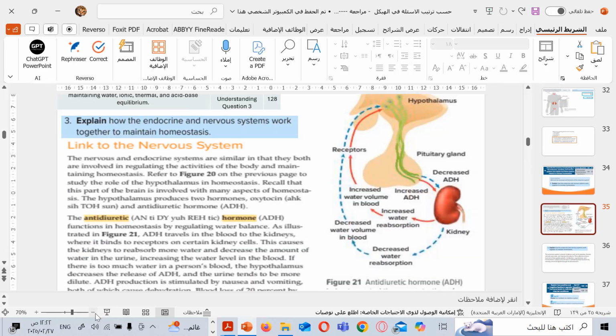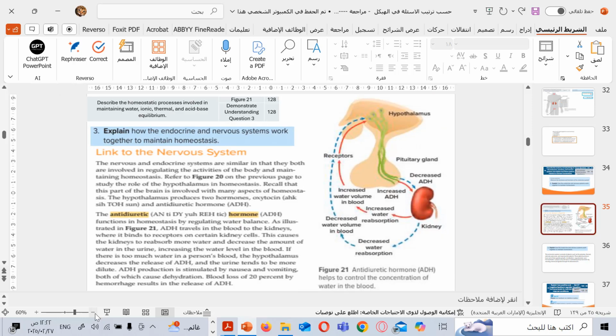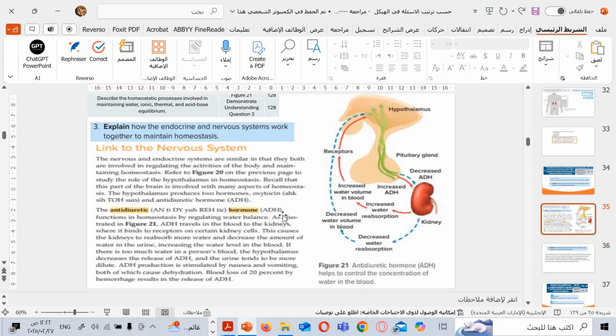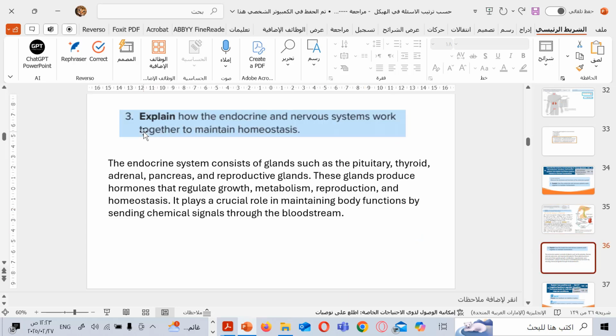Okay, let me make it smaller. Yes, here this is explaining how the endocrine and nervous systems work together, so you must study this well. Links to the nervous system. And the other question: explain how the endocrine and nervous systems work together to maintain homeostasis.